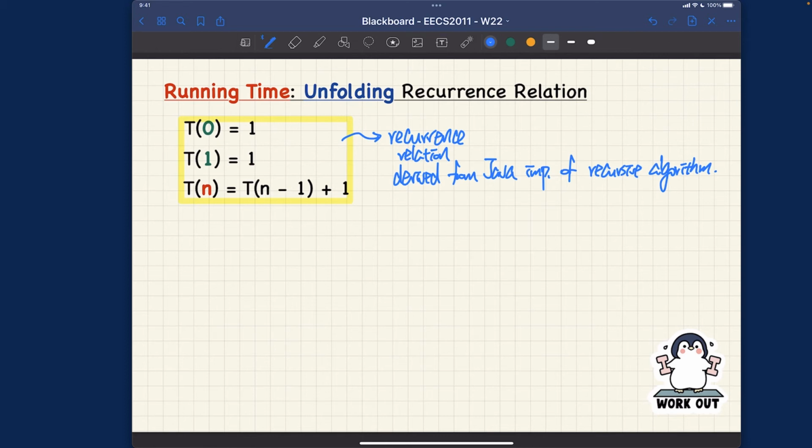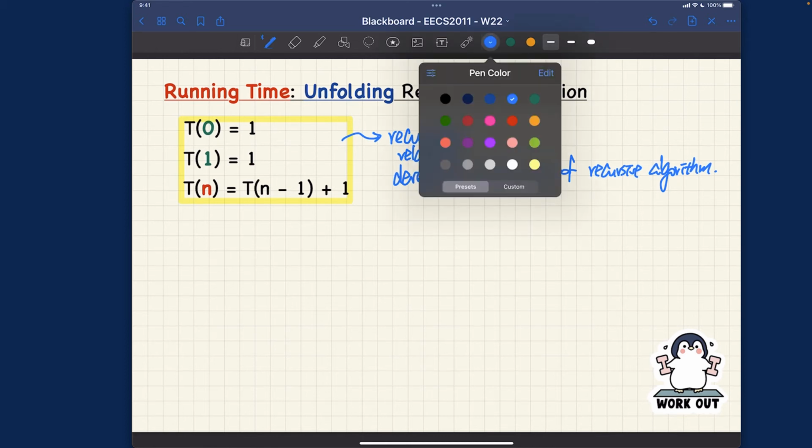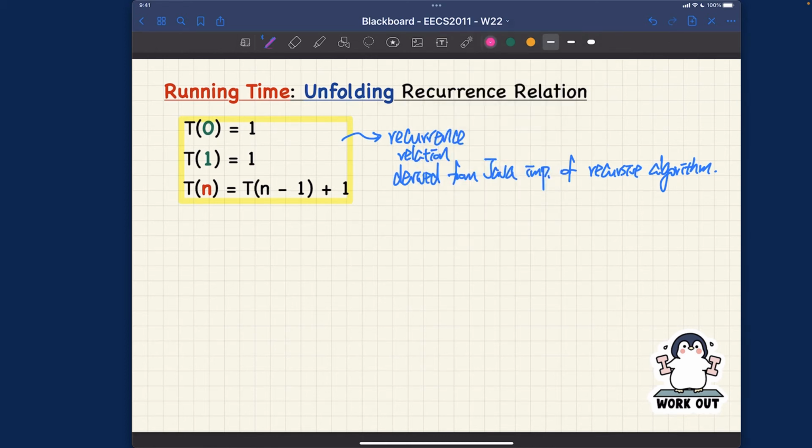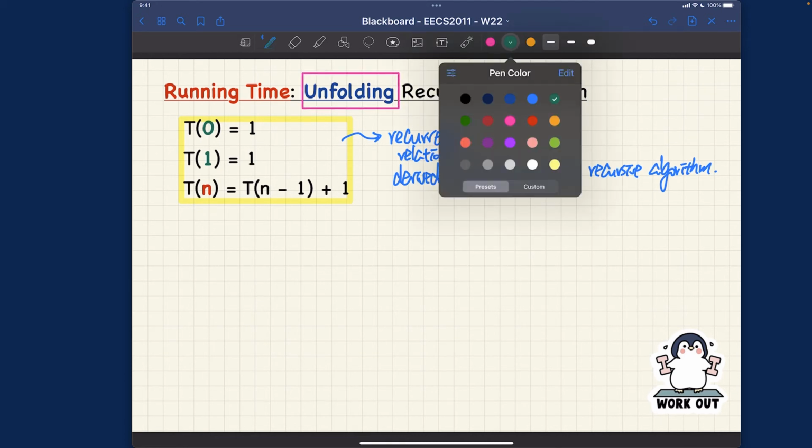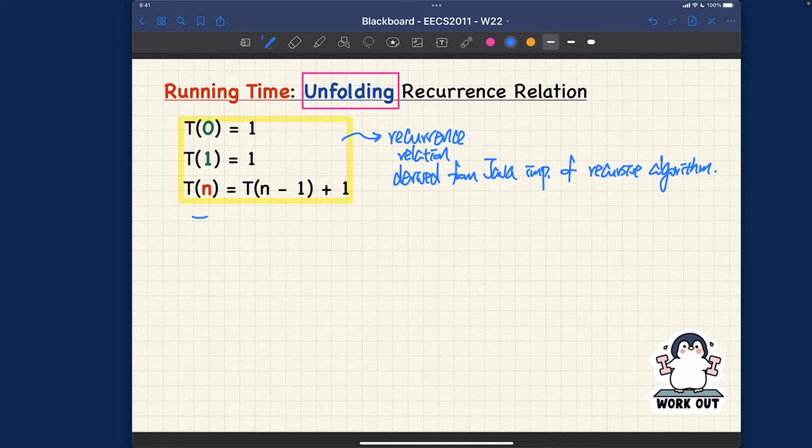And the principle is actually easy. The principle itself is easy, but to do it, you've got to be careful. It's called unfolding. How do I exactly do unfolding? Let me show you. We're going to start with T of n. You can see T of n over here.